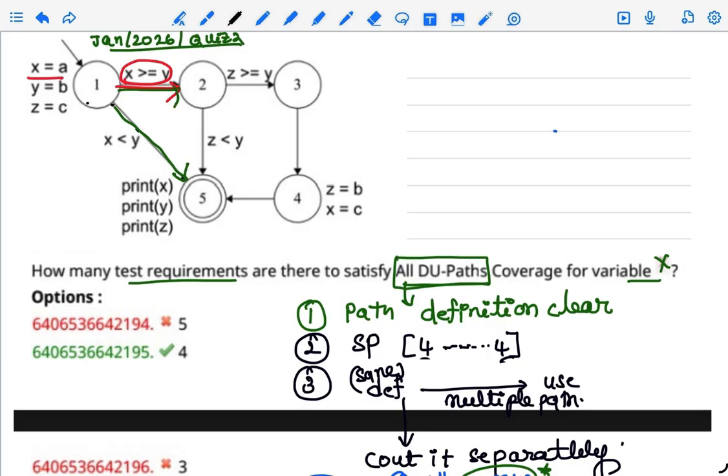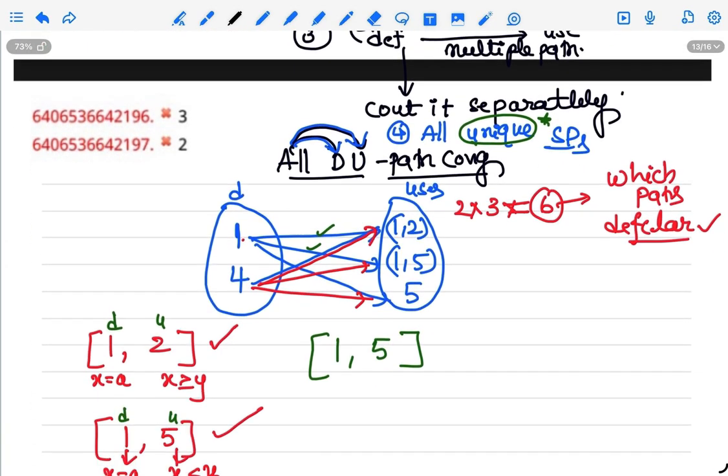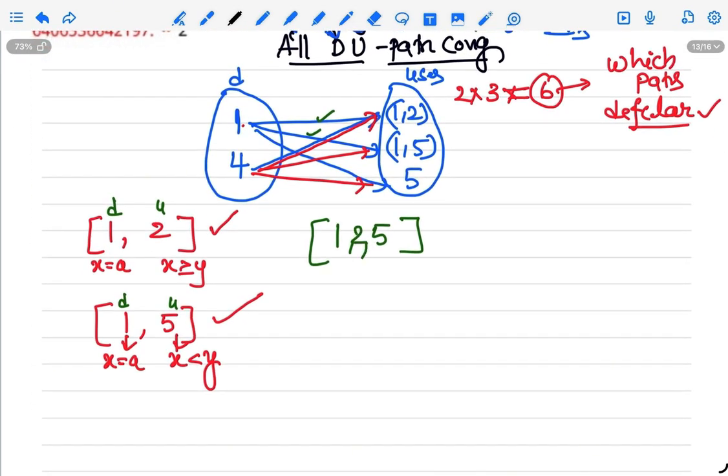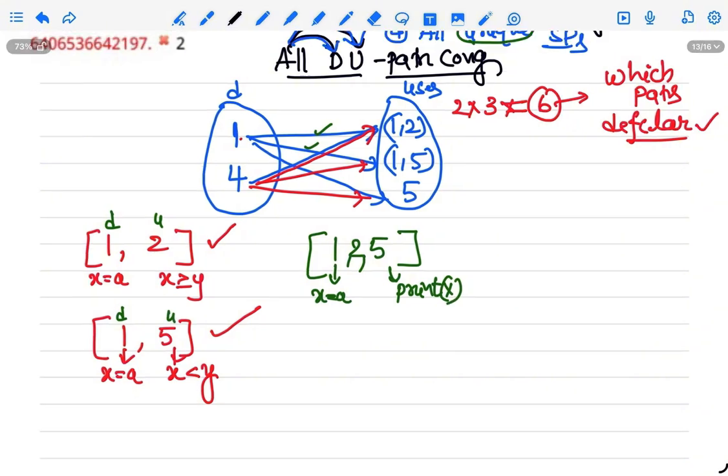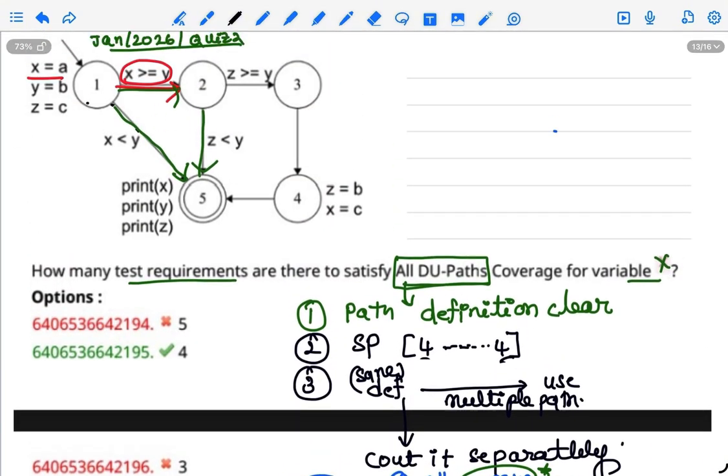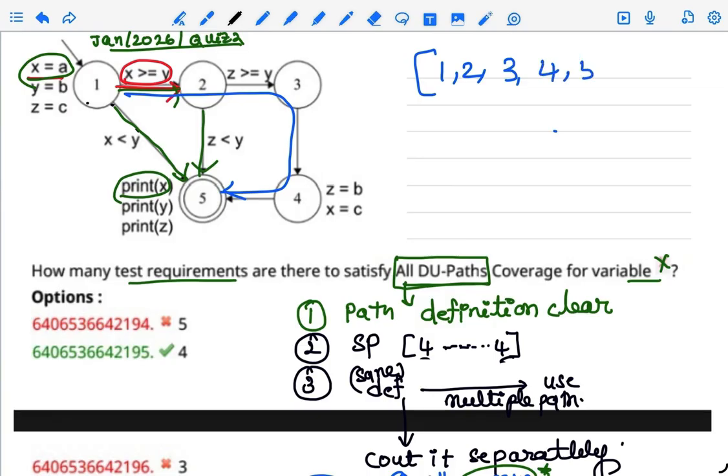Yes, 1, 2, 5, with the definition at x equal to a and the use print x. Can you reach it another way? Yes, this path also: 1, 2, 3, 4, 5.